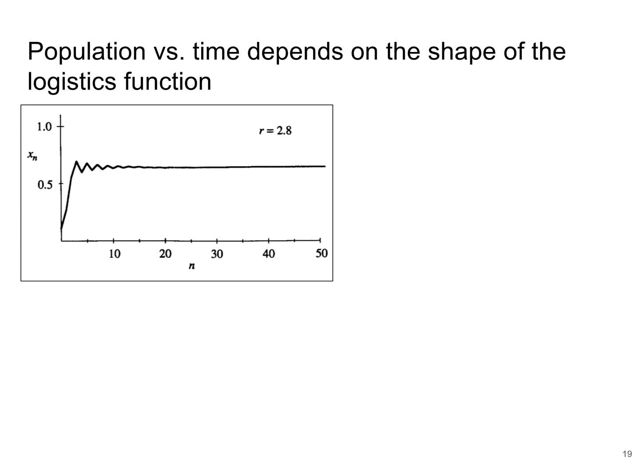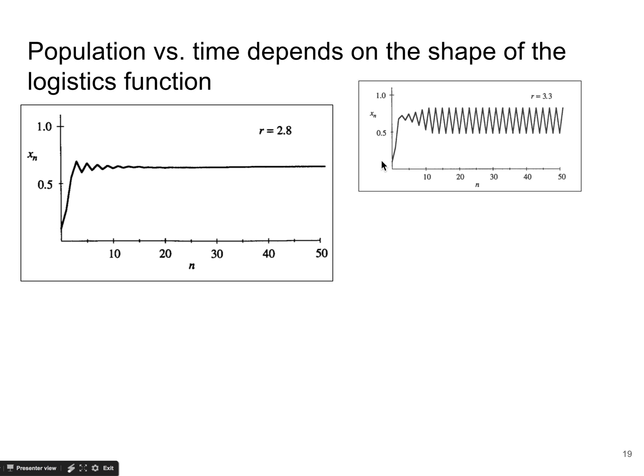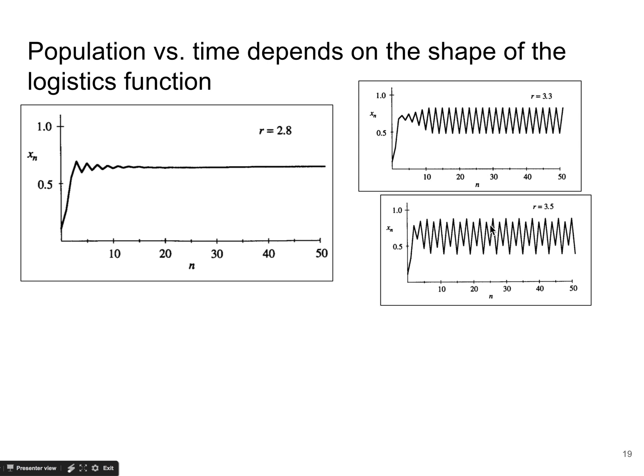So let's look at this in slow motion. Now here's R equal 2.8. This is an analog for time. So the population grows and stabilizes. Here's a higher value for R, 3.3, and the population grows and it stabilizes, but it oscillates between 2 levels. So we've passed through the bifurcation point at 3.0. Here at 3.5, we have 4 values, 1, 2, 3, and 4.